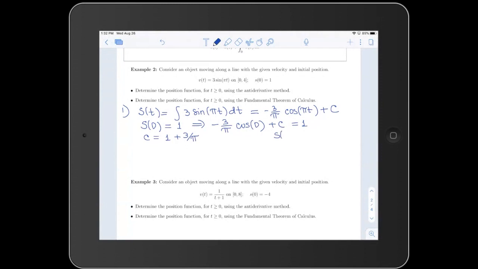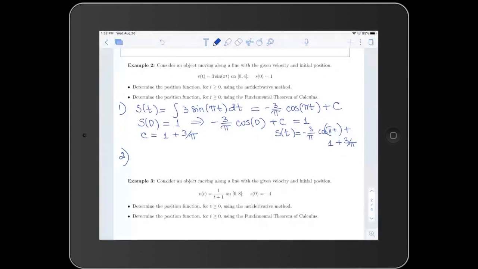Okay, so your position function is that one. S of t is negative 3 over pi cosine pi t plus this constant. Okay, that is your answer using one method.